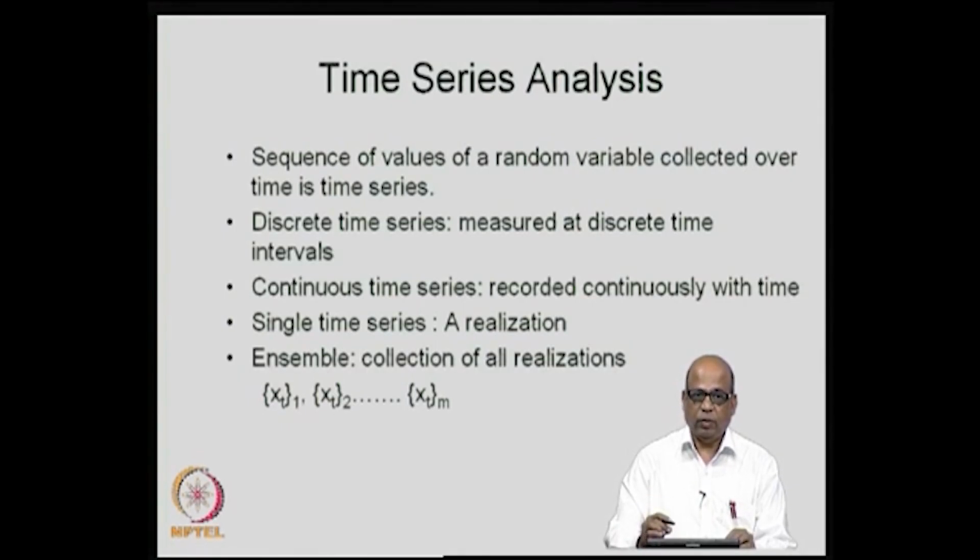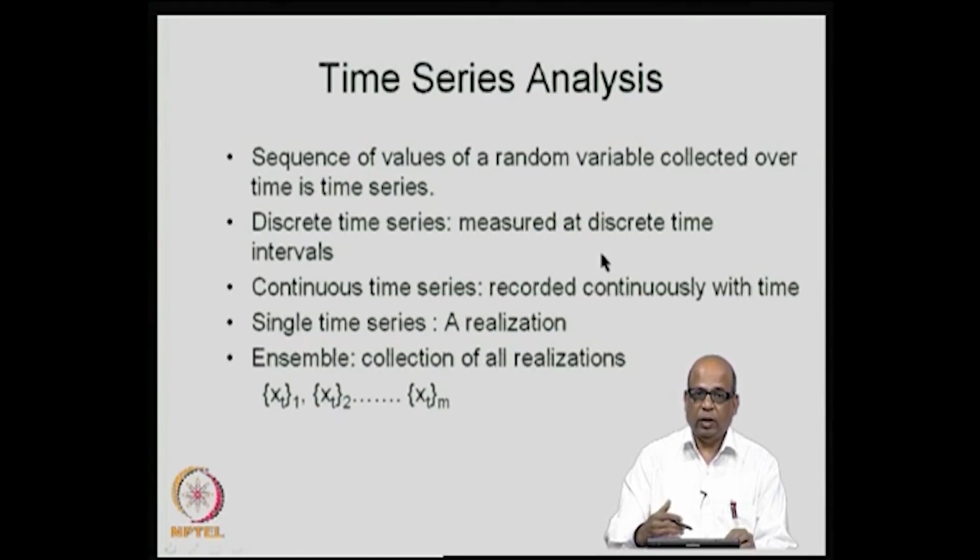Now, these observations may be made at discrete times. For example, rainfall we may be measuring every day at 8 o'clock in the morning. Today I measure at 8 o'clock in the morning, and tomorrow I will measure again at 8 o'clock, and then we provide the measurement for the rainfall during that particular day.